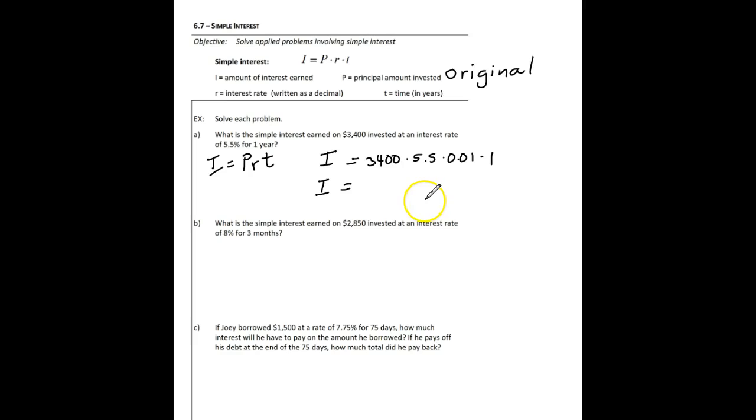So I take my 3,400 times my 5.5 times my 0.01 times 1, and I get I equals 187. So what does that actually mean? What are the units here? The interest earned is, and that's of course in dollars, so $187. So I'll write that here, $187, okay?